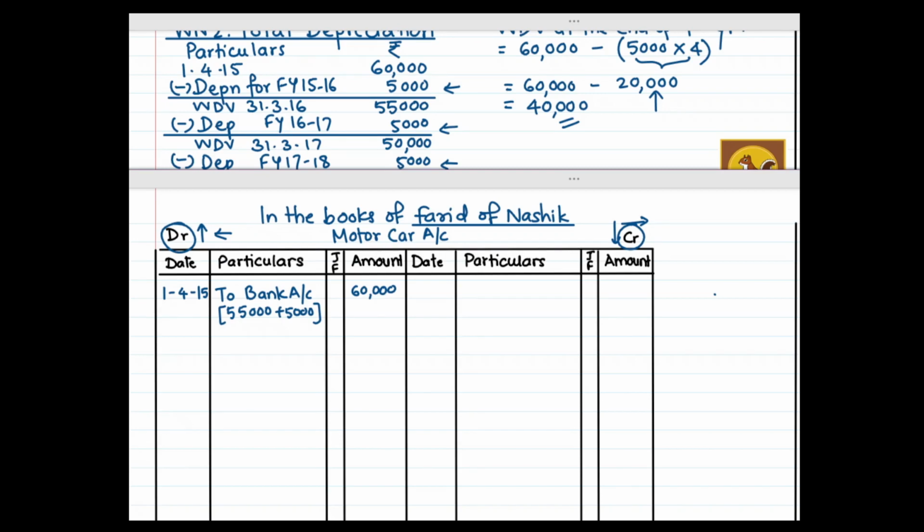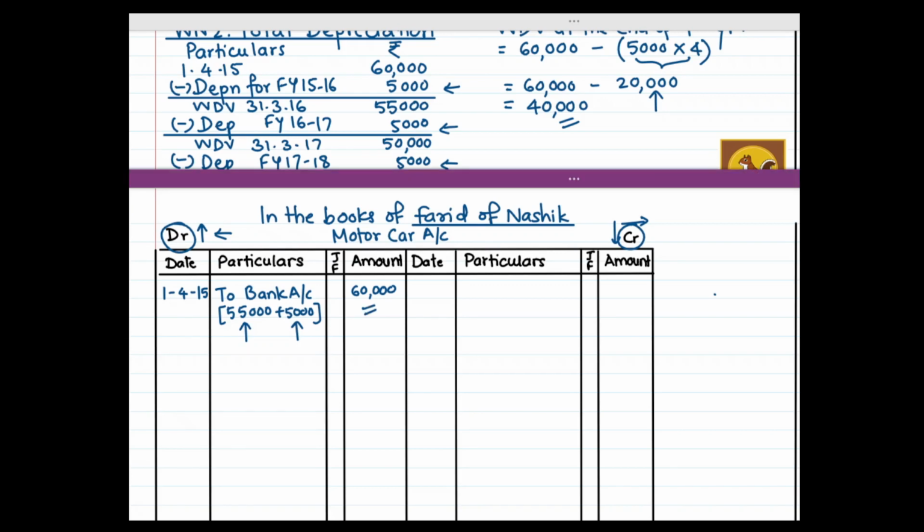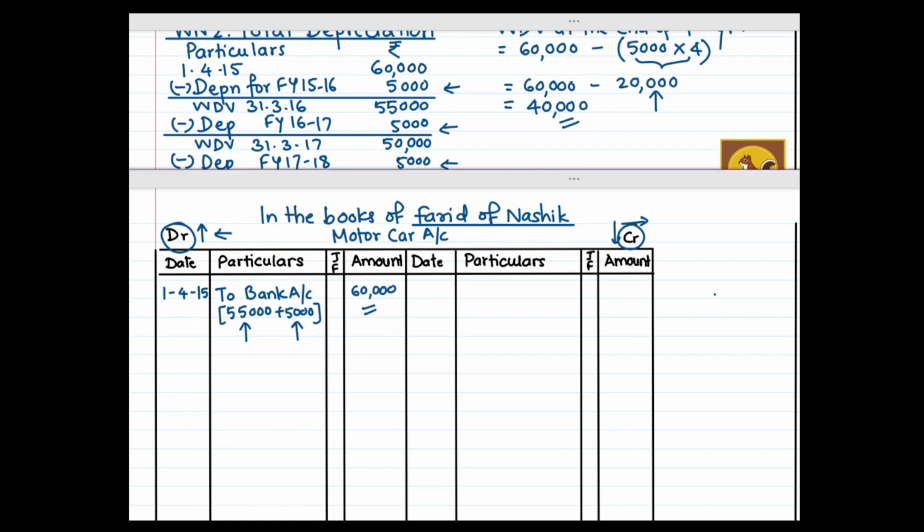It might happen that 55,000 is paid to the supplier, 5,000 is paid to the government or some other entity. So it's okay. You can show it as one entry or separate entries. It's up to you. In 11th standard, it is okay when the details and names of the supplier are not given. So a 60,000 entry is enough.